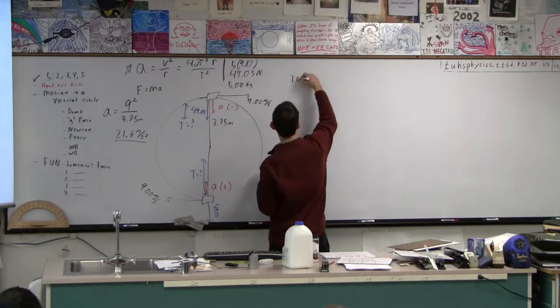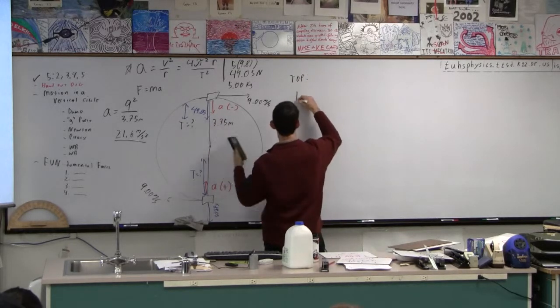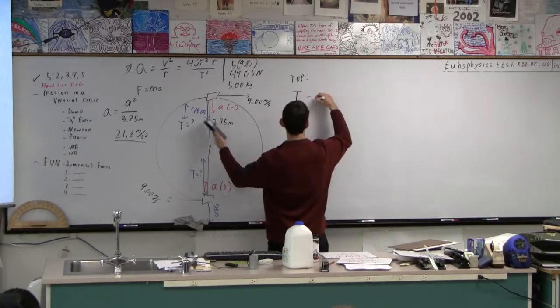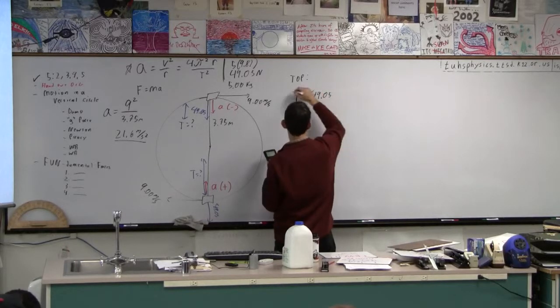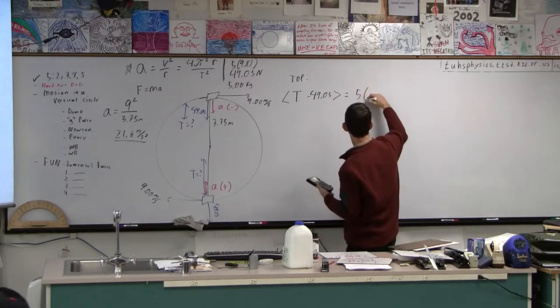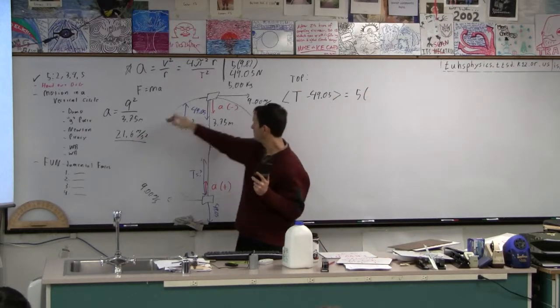At the top, our forces are unknown force, T, right? Okay, minus gravity, T minus 49.05. Those are the only forces, right? Okay, and then it's 5 times, what's our acceleration? 21.6, but it's toward the center.